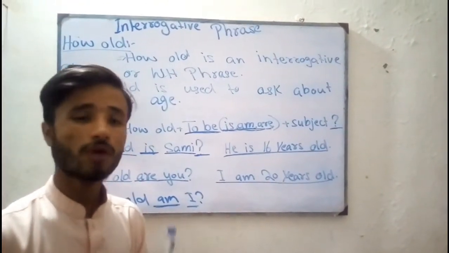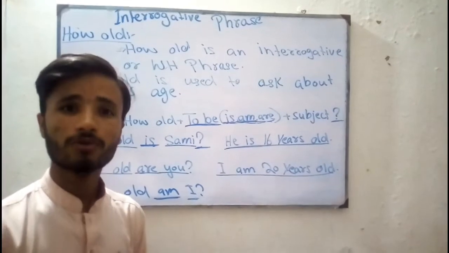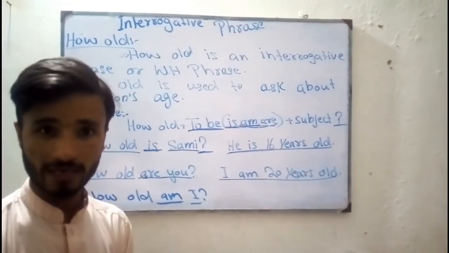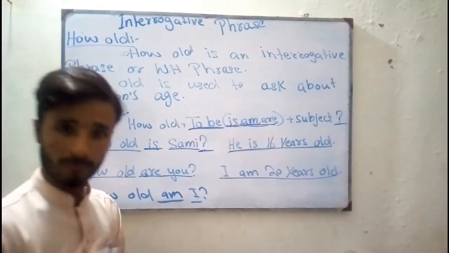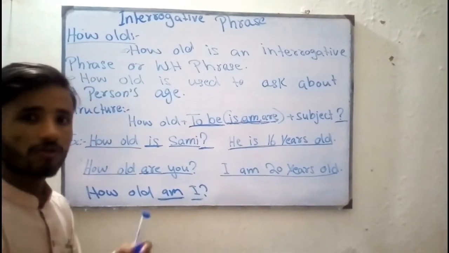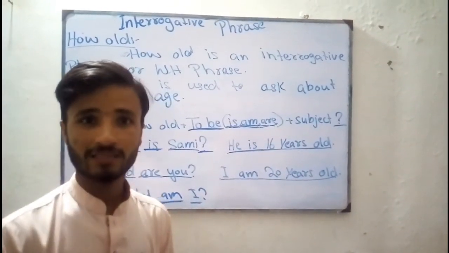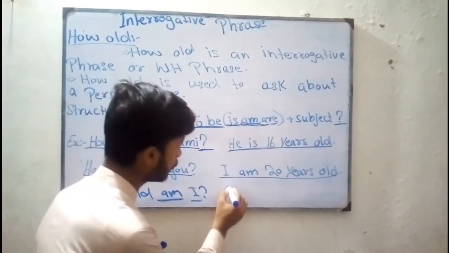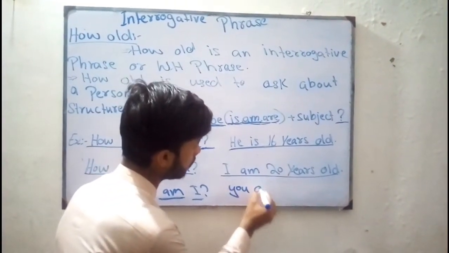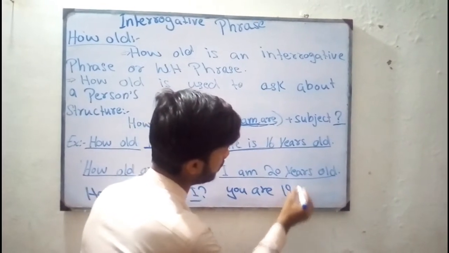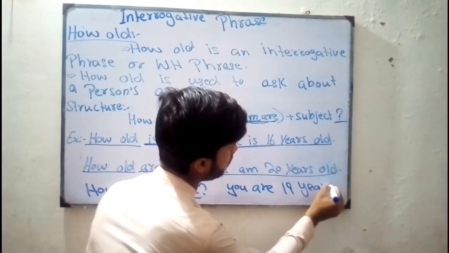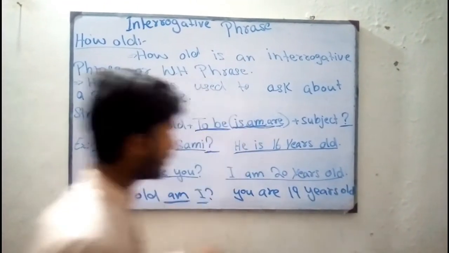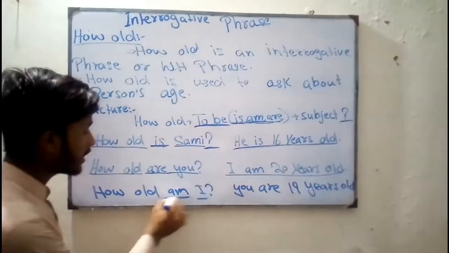Now I want to know about myself, that how old am I? I am making a question about myself. If a person knows about my age, he should say that you are 19 years old.